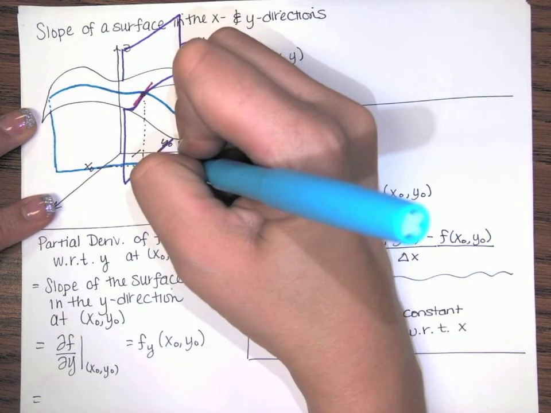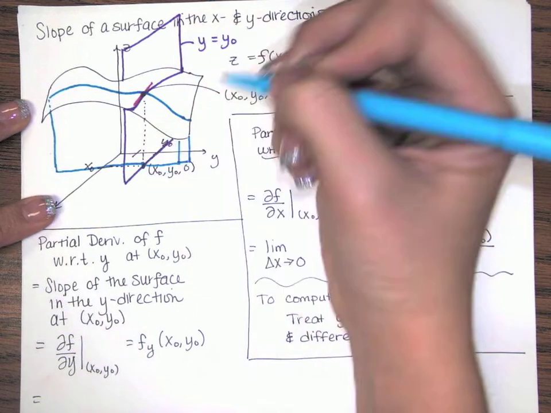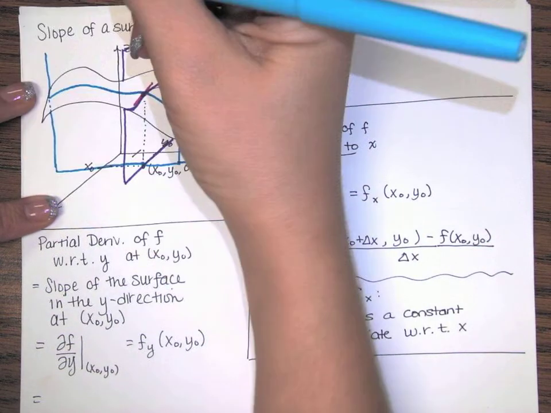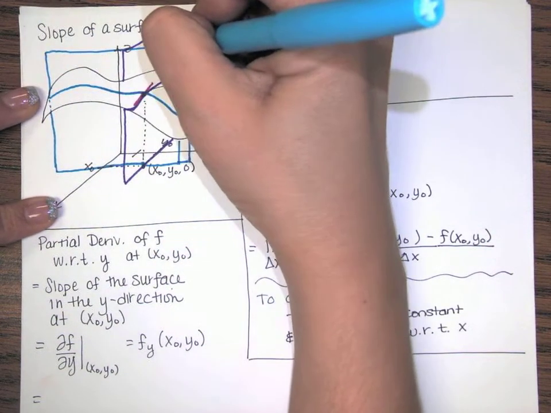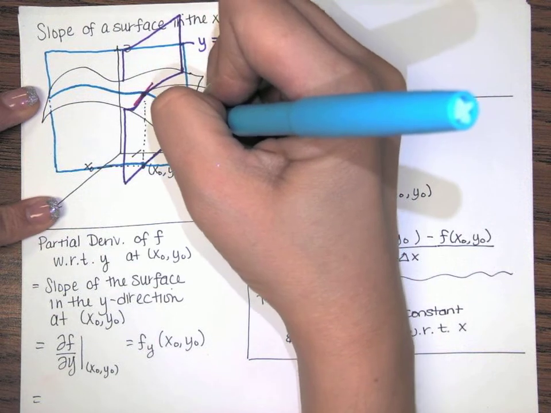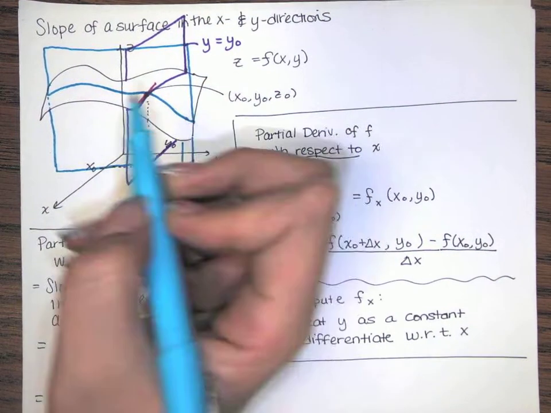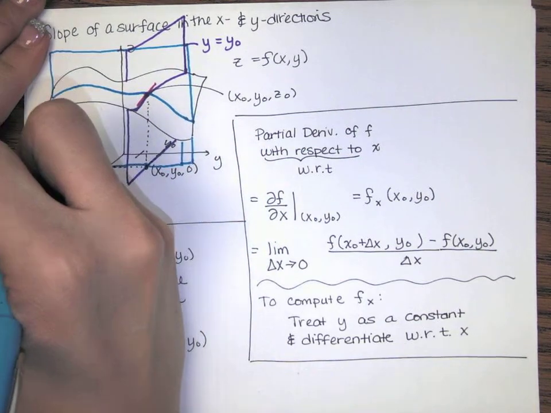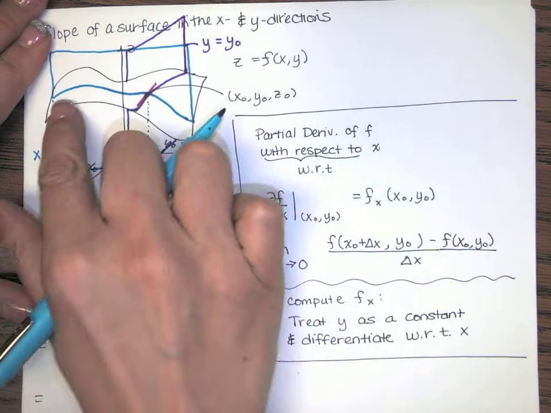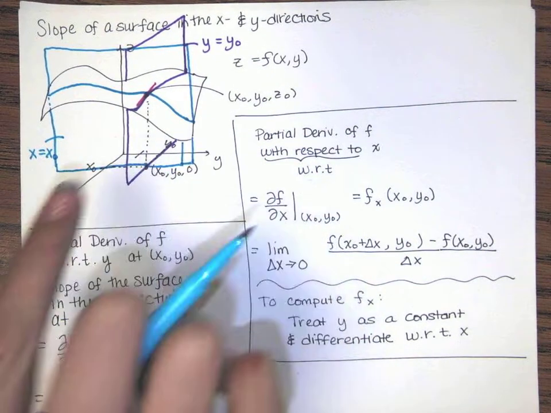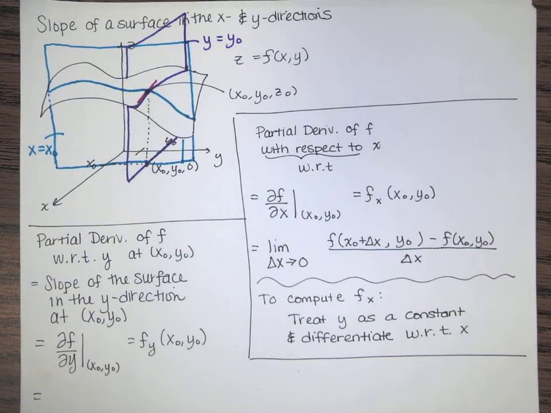And it would go all the way over there. And so here's where my plane, my blue plane given by x equals x naught, intersects my surface.